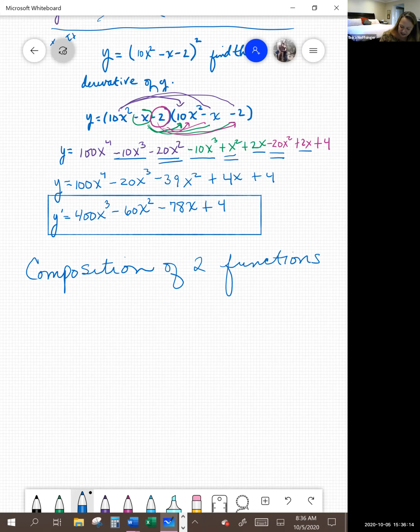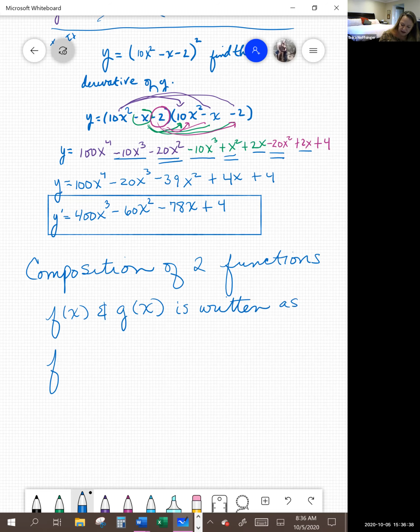Let's say f of x is equal to, oh well, doesn't matter. Let's call it f of x and g of x because I want to do notation first. So this is written as f with a little circle g and parentheses around that, and then x.